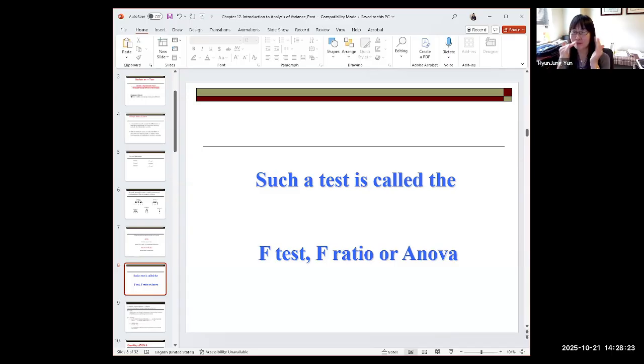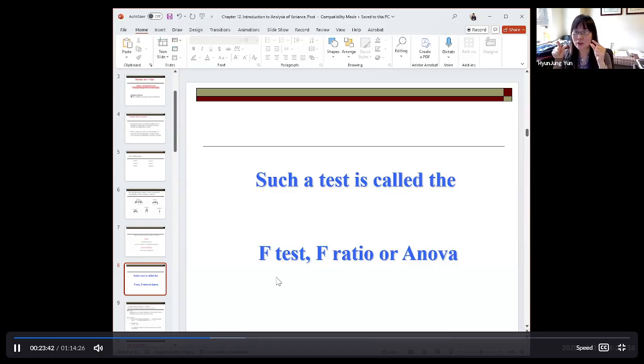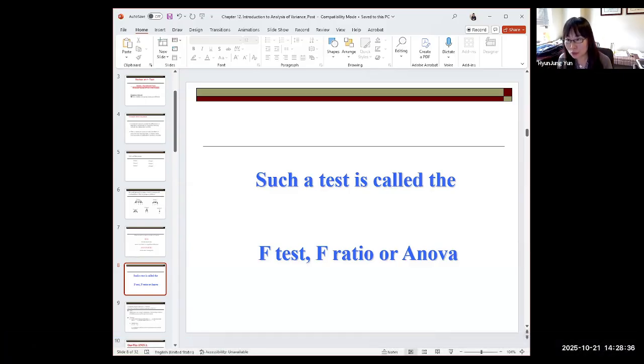Why do they say F ratio? Because in terms of the statistical formula and structure, they compare the variance between different groups, and the ratio of the variance across all the groups and across everybody.